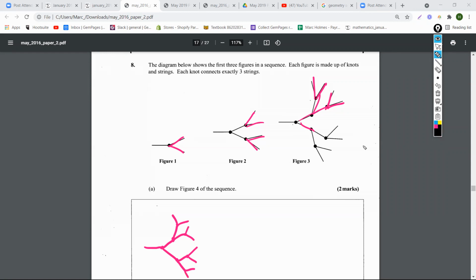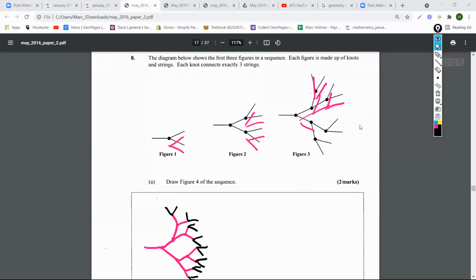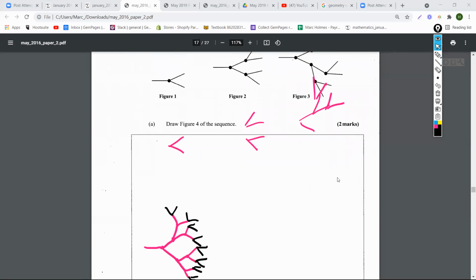Let me make them black. I think that's how it would look, guys. Well, let me draw it better still. Sorry about that, guys. Let me draw it better.